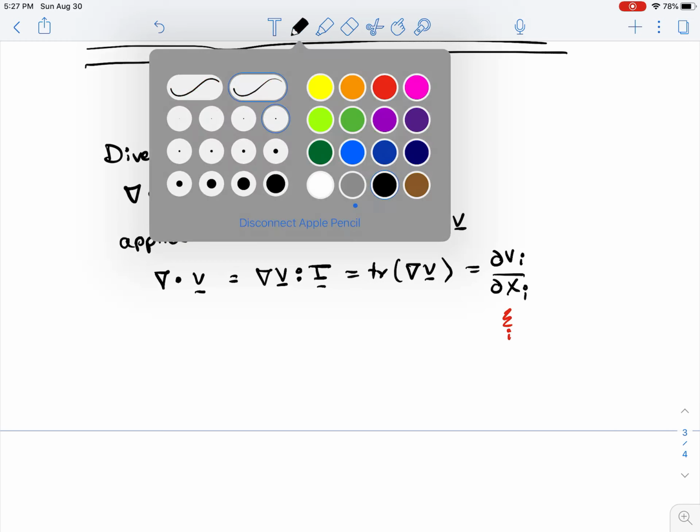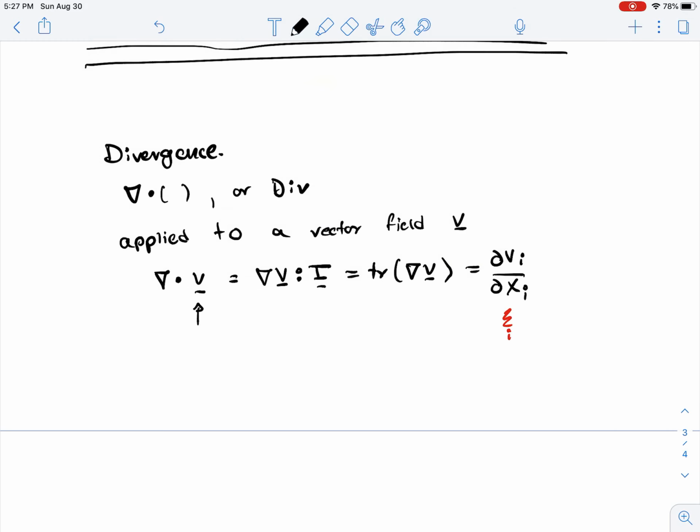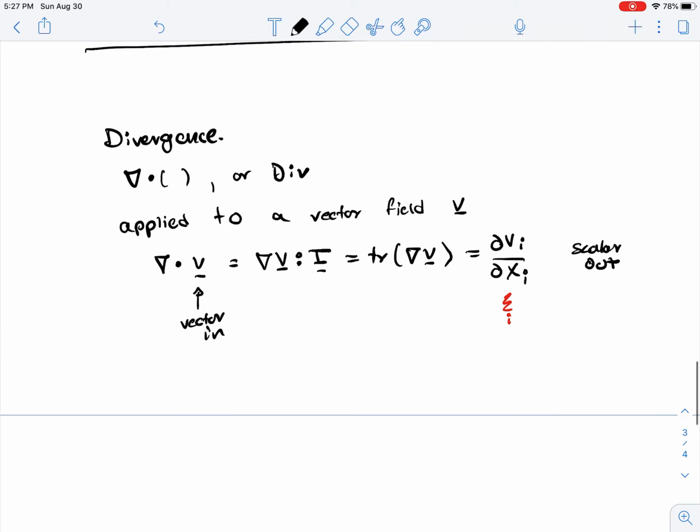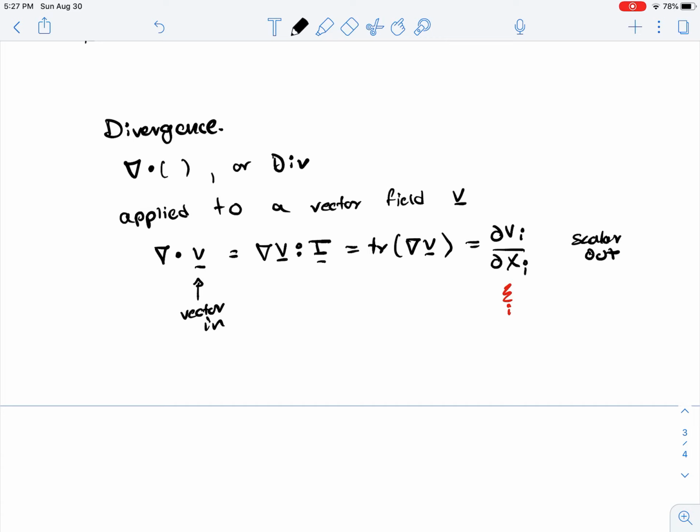So this I is repeated, so this is a sum over i. Notice that I have a vector in, but the out is a scalar. Even though I have components, because I'm just summing the components, I have a scalar. So that's the definition of the divergence of a vector field.